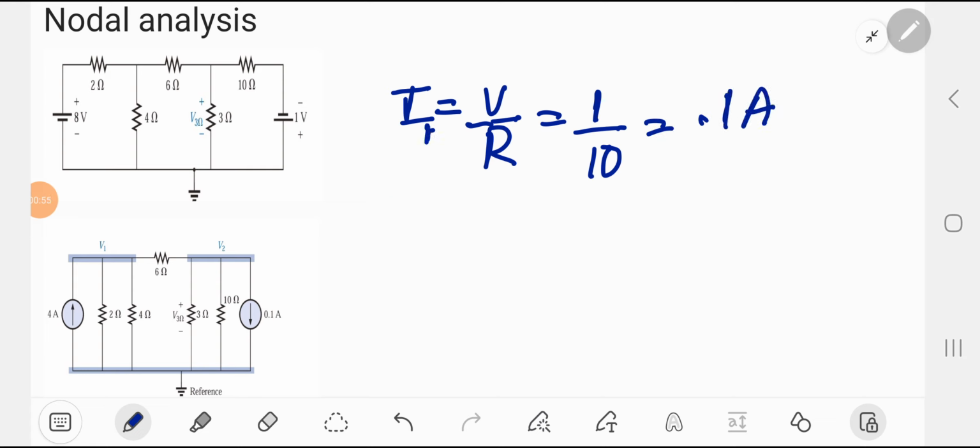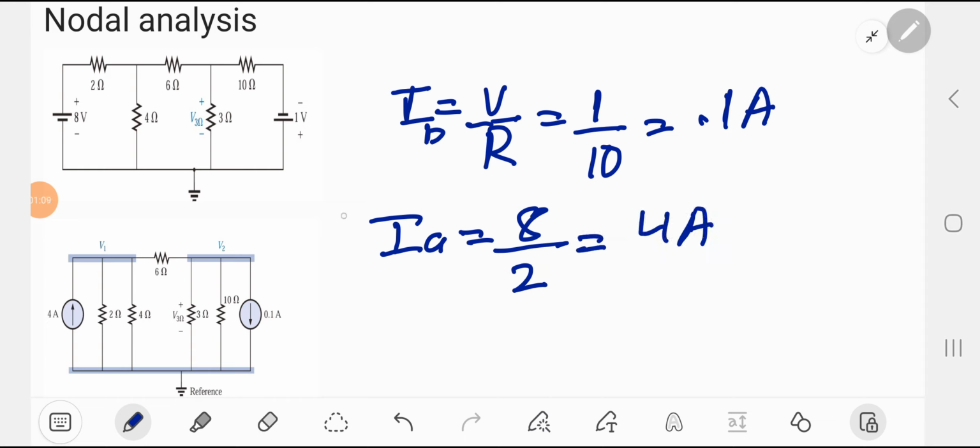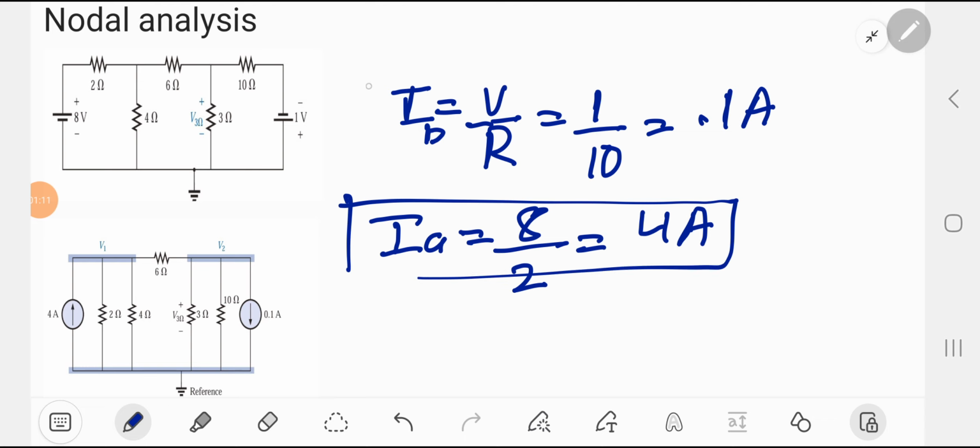So this is IB. And for IA, which is this one, the voltage given is 8 volt divided by 2 ohm, which is equal to 4 ampere. So IA and IB are found.